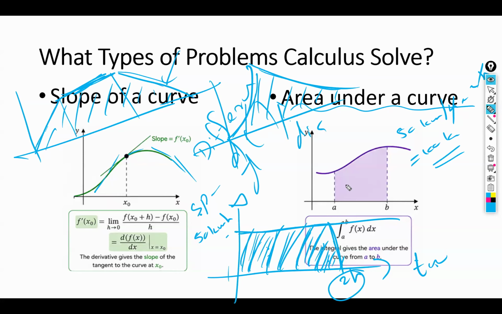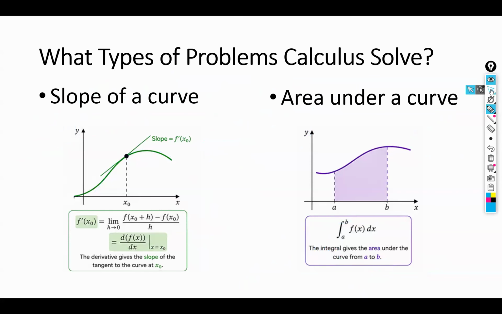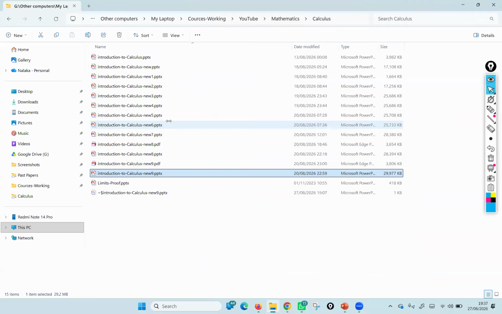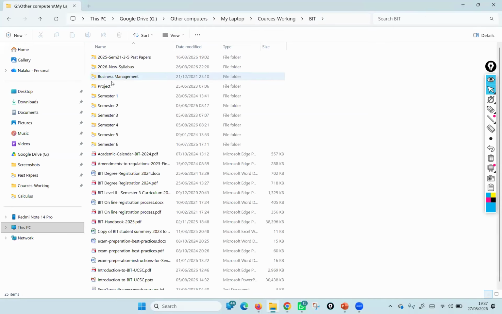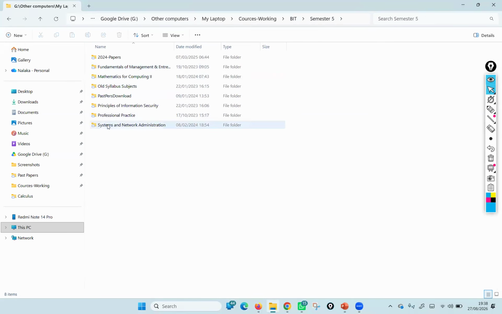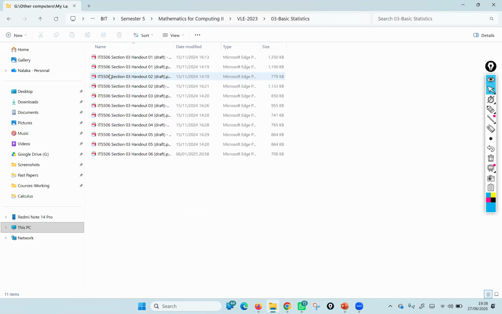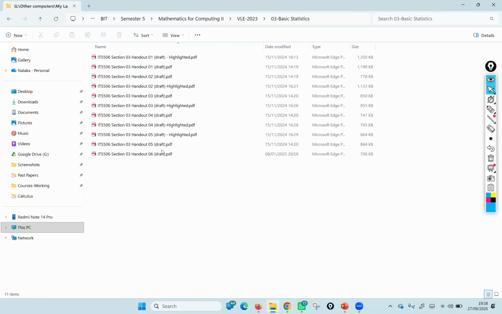You may be wondering how we get integration into our statistics. If you look at our statistics note, I'm just showing you the practical usages rather than explaining calculus. This is our basic statistics note, the UCSC note actually.